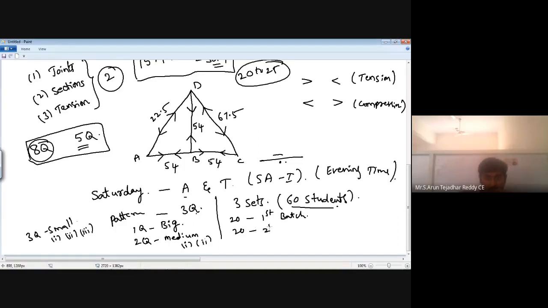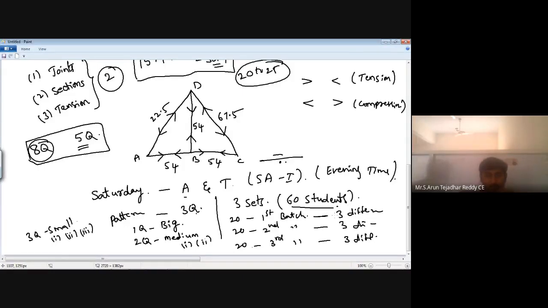Next 20 members, second batch. Next, third batch. 20, 20, 20, totally 60 students. It means the first batch gets 3 different questions, the second batch 3 different questions, the third batch 3 different questions.